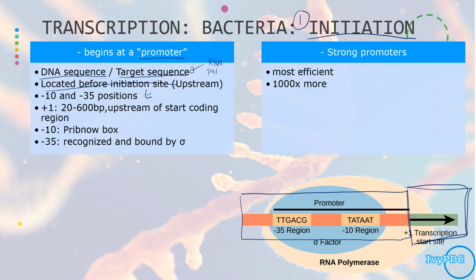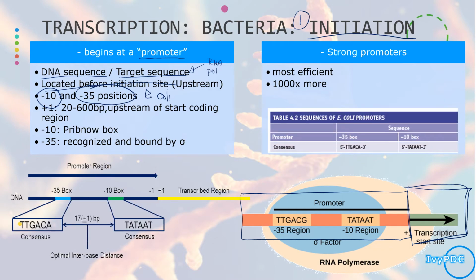An E. coli promoter has two components, the -10 and the -35 positions, named so because they are located at the -10 position and the -35 position after the +1 site. These are also known as the -10 box and the -35 box.